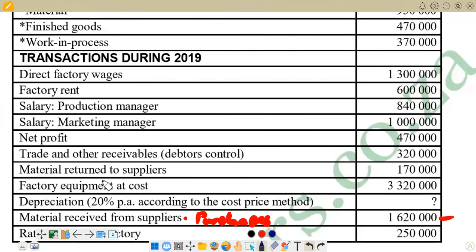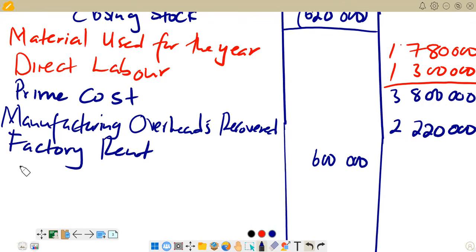Then we go and check another one that we have. We go down to check what else we have. Beneath that, we've got salary for production manager. This one is an indirect cost, and it also comes there as manufacturing overheads. So we're also going to put that one, salary production manager.